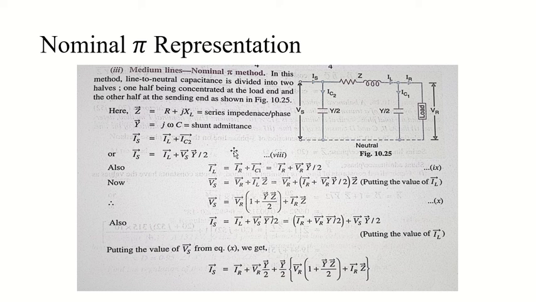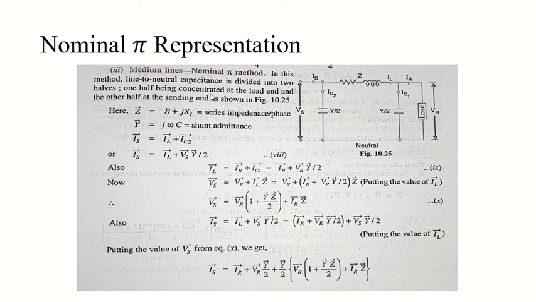The value of my IC2, can't we say it will be equal to this Vs into y by 2. What is y by 2? The shunt admittance of this side. So instead of IC2 we wrote Vs into y by 2, or admittance divided by 2.